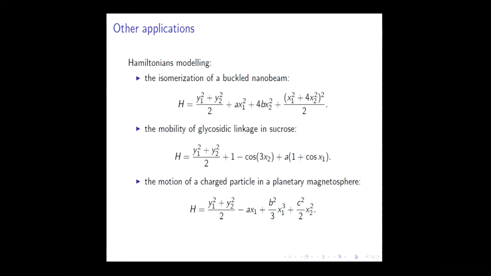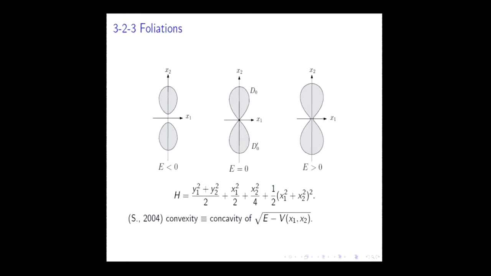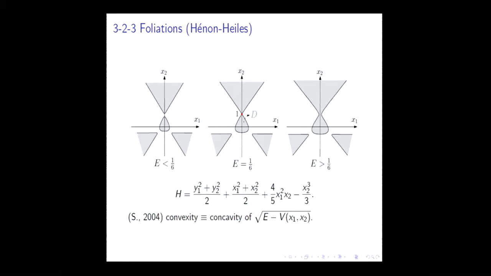Also we can check this, and also this other Hamiltonian in celestial mechanics. We can check that all of them satisfy, they have one of these pictures, the critical set. Maybe one of the sides is unbounded, but the convexity property can be checked for all these examples.